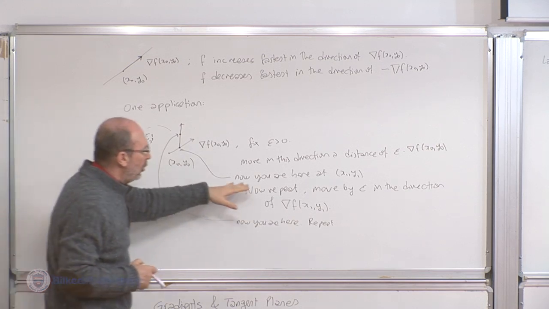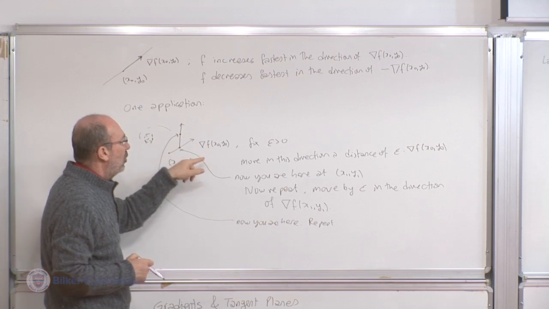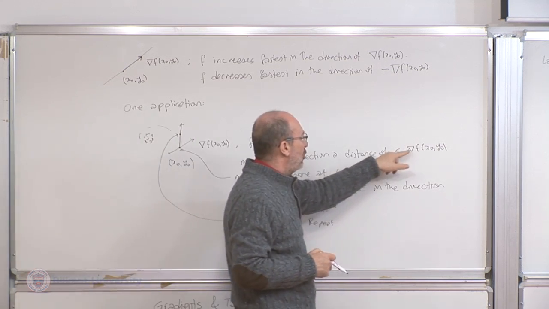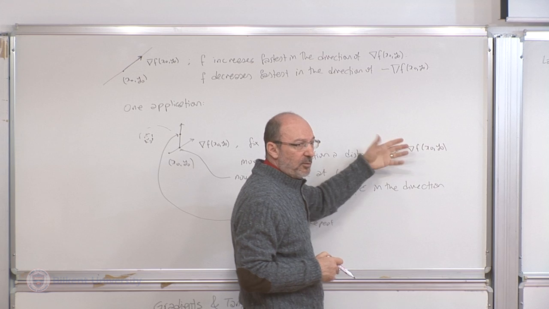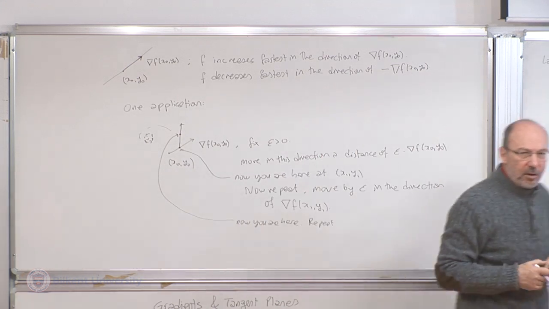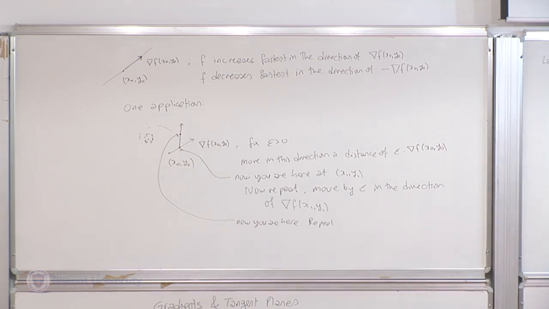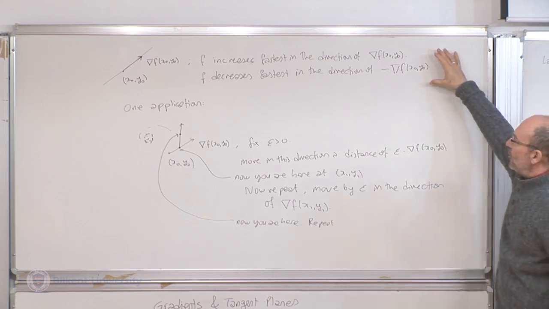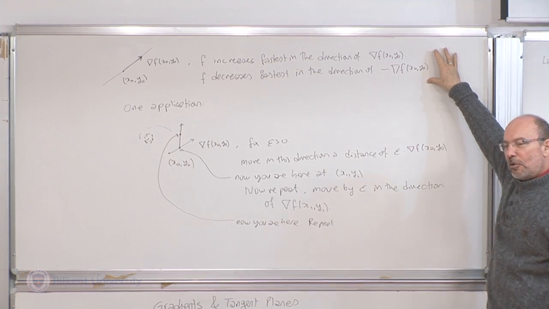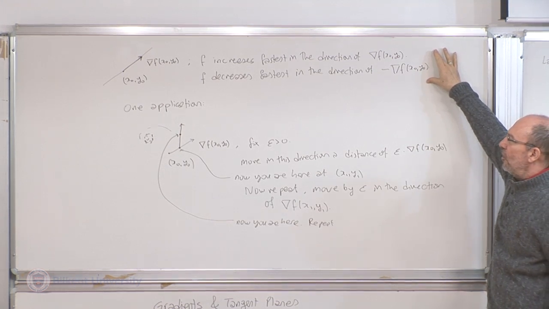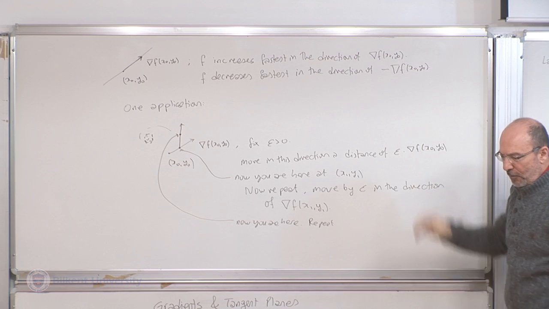You can also do this for the minimum. All you have to do is, instead of moving epsilon in this direction, you move minus epsilon in that direction. Okay, so this is an application, but it won't show up in the exam, because you can't do these calculations in the exam.